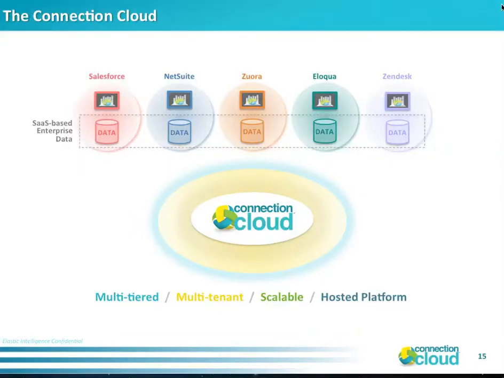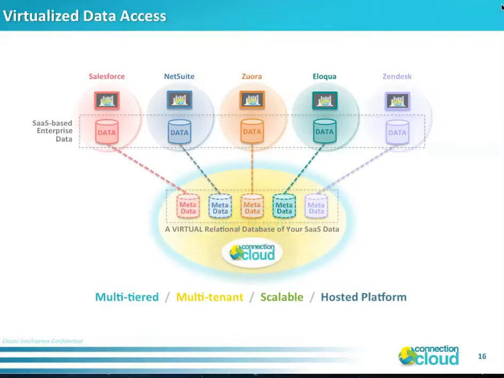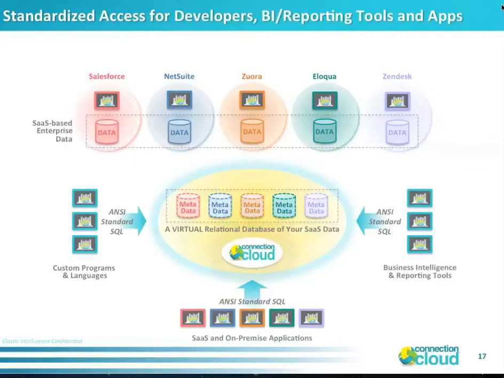And from that single repository of metadata, whether it's coming from business intelligence and reporting tools, or from custom programs that are accessing data and feeding it into some other user interface, or if it's just coming from Excel, through using standard ANSI SQL, we can retrieve the data that's required to answer the specific question that the user is asking at that specific time.